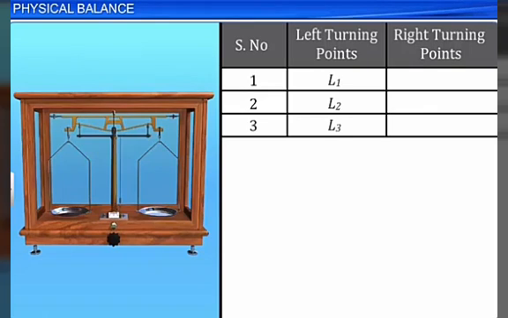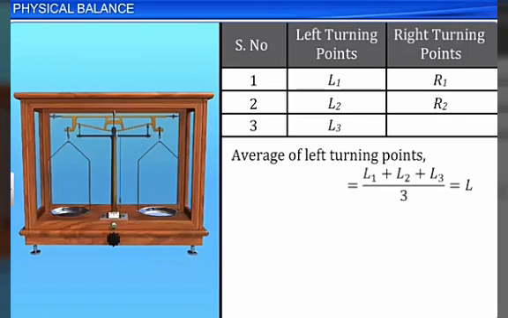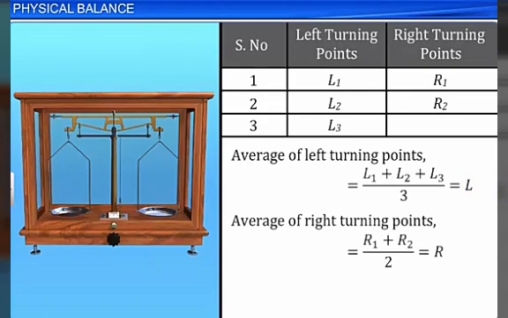Let the 2 readings on the right turning points be R1 and R2. Take the average of the readings on the left turning points. Let this be L. Similarly, take the average of the readings on the right turning points. Let this be R. Now calculate the average of the mean turning points, which gives the zero resting position of the balance.